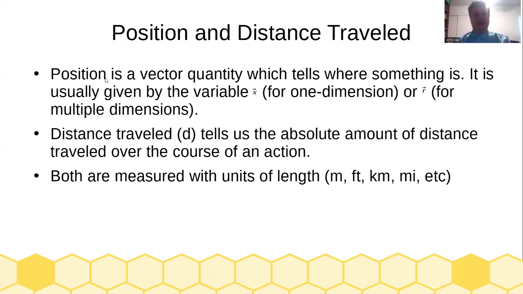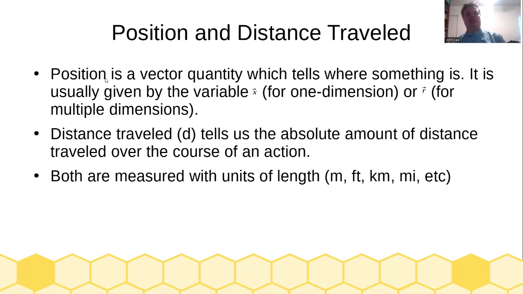One of the main differences is that if you run around a track multiple times and end up in the same position where you initially started, your position is going to be the same, but the distance traveled is going to be some value, because you've been running around the track.